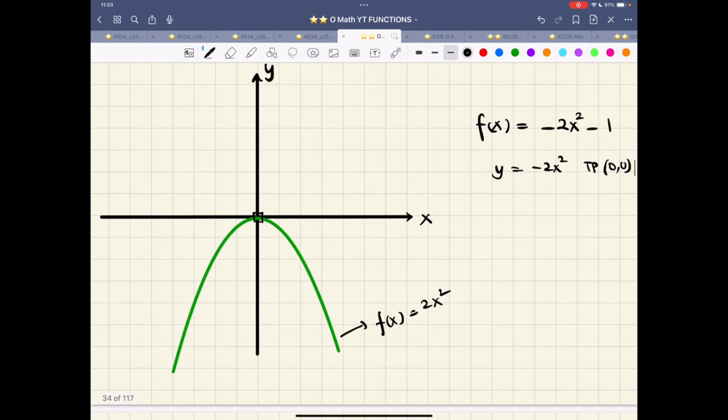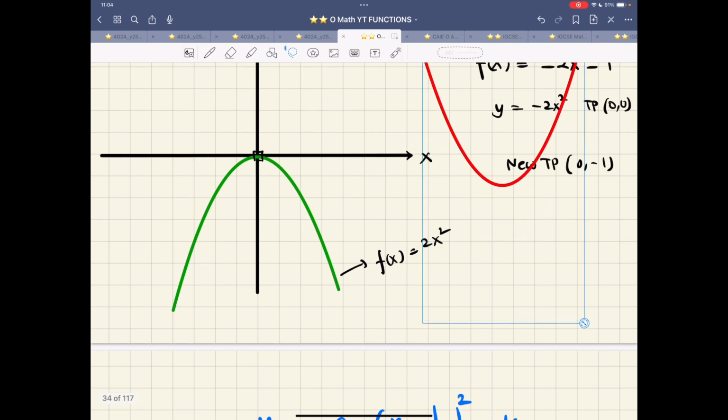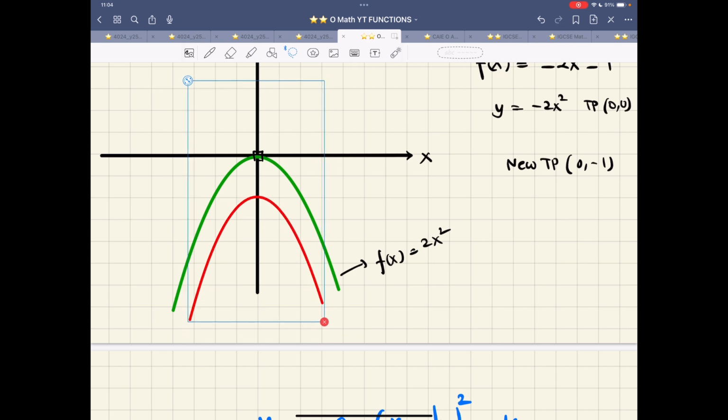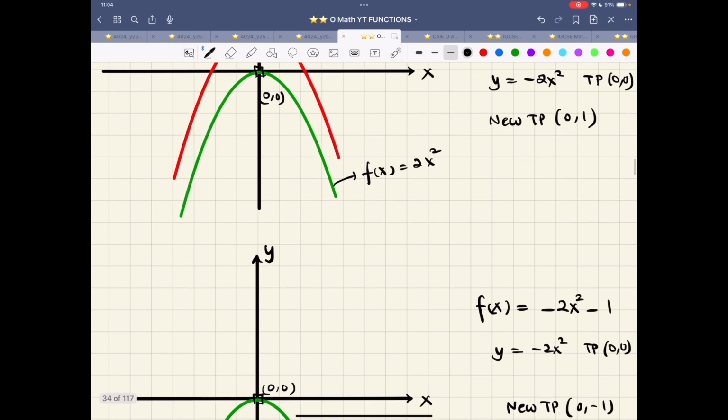Over here the new turning point would be what? It is moving 1 unit down, that is 0, negative 1. Let me flip it and write it below. It's not drawn to scale, so 0, 0 becomes 0, negative 1. Over here 0, 0 becomes 0, 1.